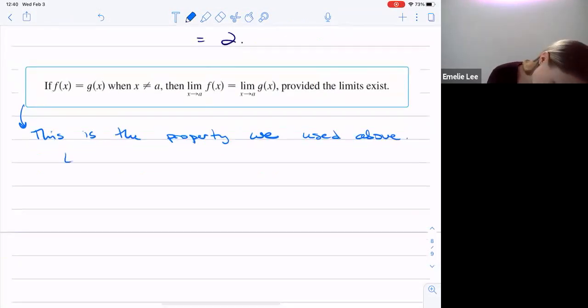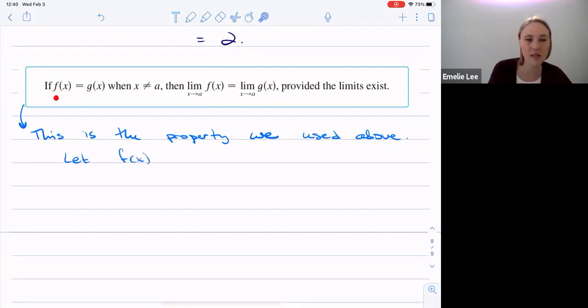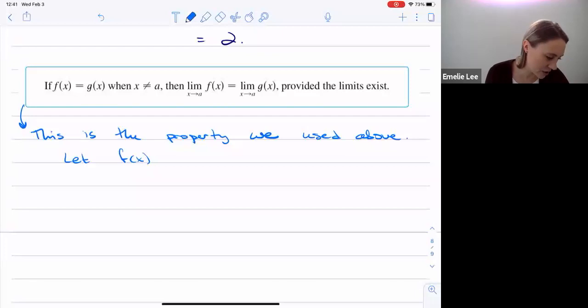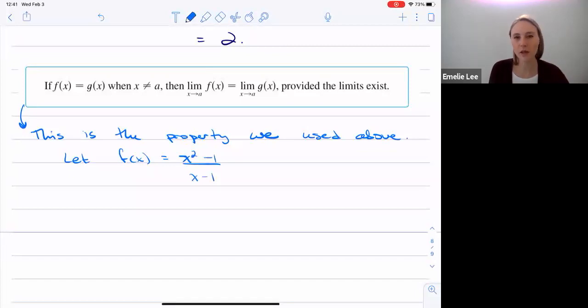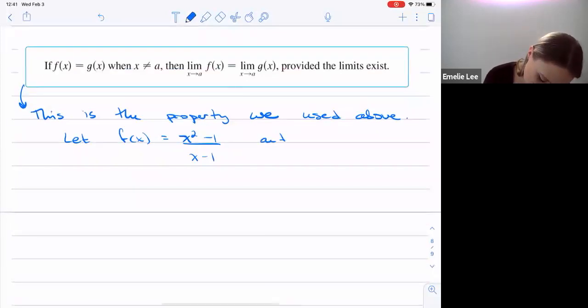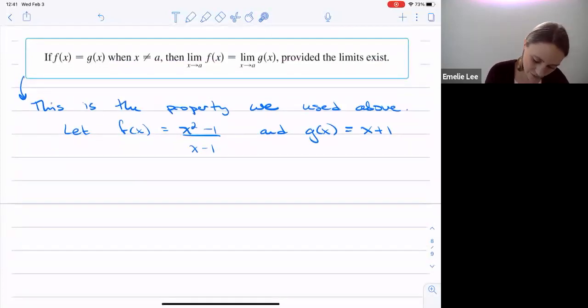So we said if we let f of x in this case be the original function, x squared minus 1 over x minus 1, f of x is the original function, and then we manipulated it to be g of x, which is just x plus 1. That's only true when x is not equal to 1, as x approaches 1.